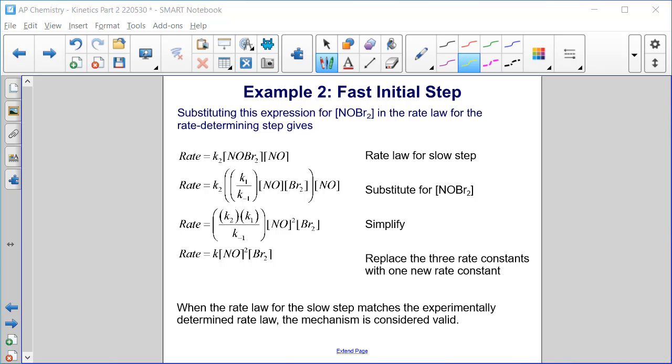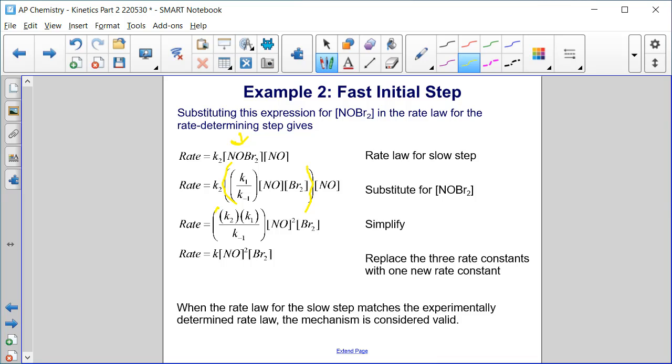All right, so carried over from the previous slide, here's our rate law for the slow step. I have to substitute for NOBr2 right here, which I've done inside these large parentheses. That's our result from the previous slide: the ratio of the two rate constants, forward over reverse, times concentration of NO times concentration of Br2. And then I can simplify.